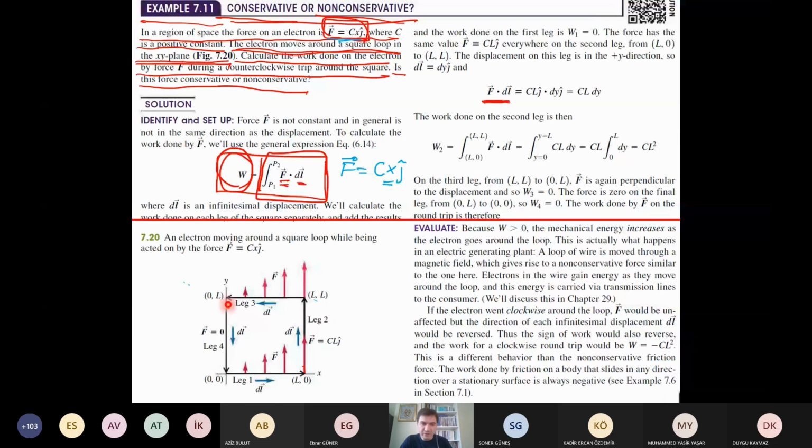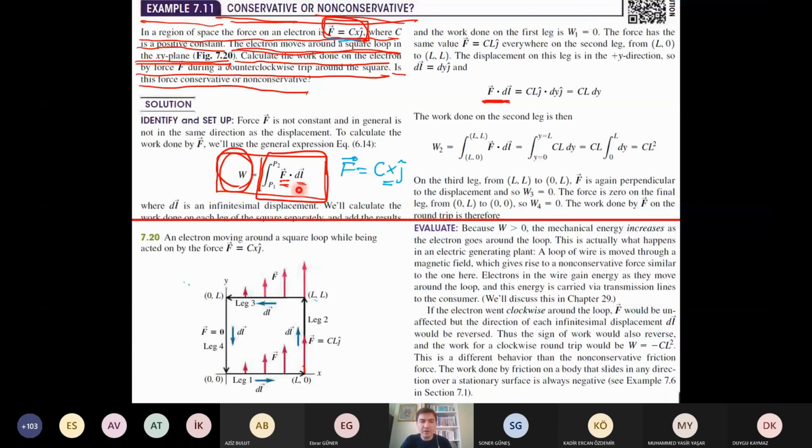Here, force is 0 because we are staying at 0. If x is 0, force will be 0. So along this last path, the force is equal to 0. Since the force is 0, then work will be 0.